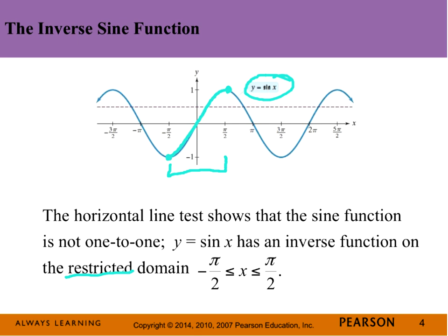So if I restrict my domain to here, or any of these pi periods that fall on the half pies like that, you can see that I now have a piece of a function that passes the horizontal line test. In other words, I'm not passing through more than one point on that piece of the graph with a horizontal line.